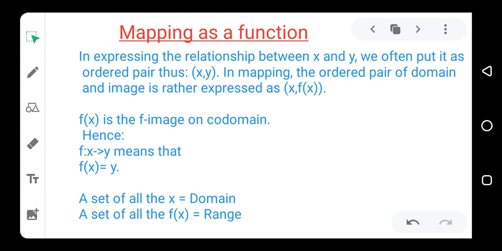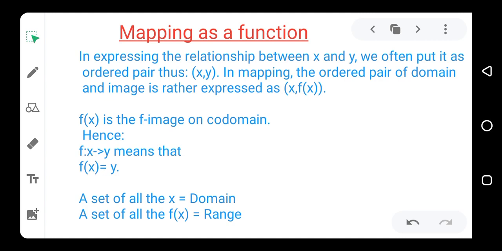We've talked about, or rather introduced, what mapping is all about. We talked about domain, codomain, image, and the range. So today we are going to look at how mapping works as a function.